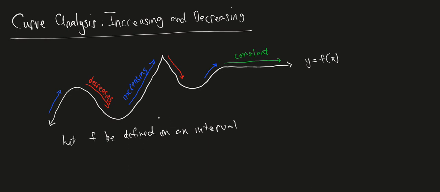That's all this definition requires, right? So we need a function that's well defined on an interval, and let x1 and x2 denote points in that interval, right? So these could be any 2 points in our interval.